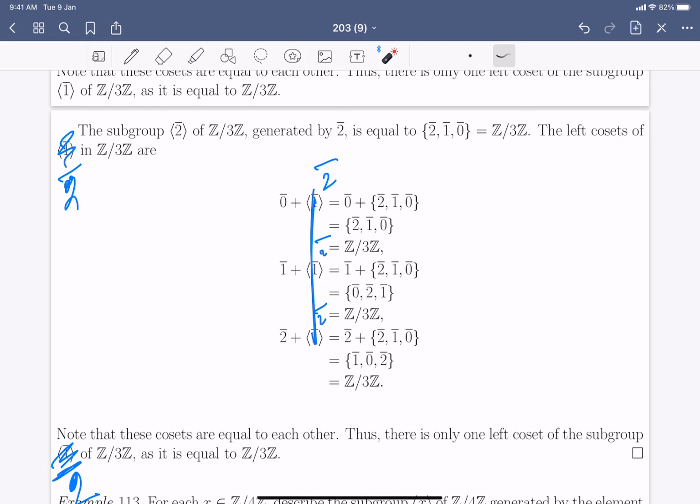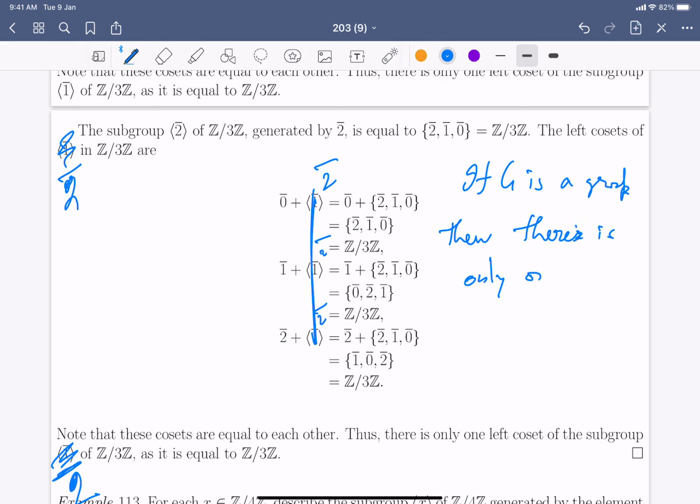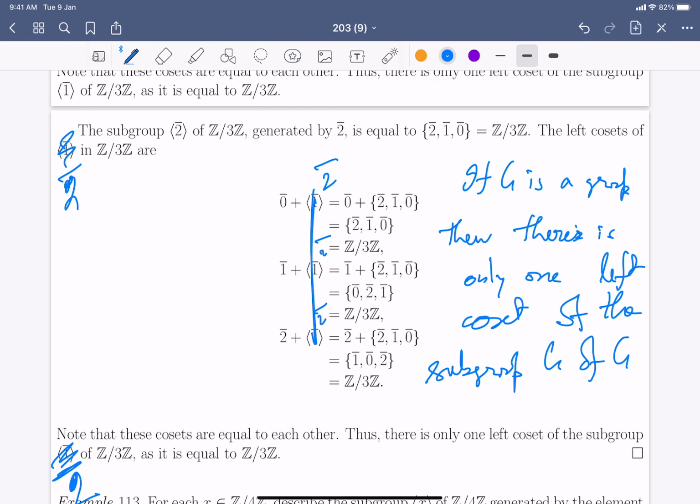More generally, one can say that if G is a group, then there is only one left coset of the subgroup G of G. Certainly G can be thought of as a subgroup of G; indeed G is a subgroup of G. So if you look at the left cosets of this subgroup, you will find only one left coset.